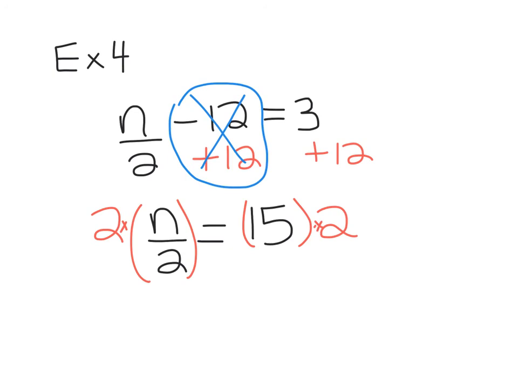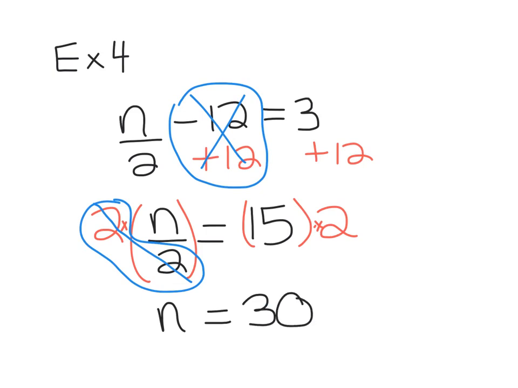When you multiply by 2 and divide by 2, you've changed nothing. So it's just like a 1 there. So it's 1n, which we will write as n. The multiply by 2 and the divide by 2 cancel each other out. On the right-hand side, I have 15 times 2, which is 30. And that's my final answer.